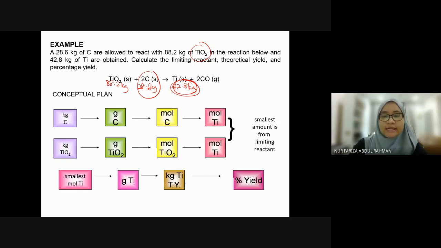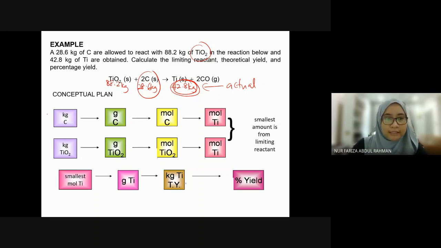It means through the experiment conducted, we managed to get 42.8 kilogram of titanium. Actual yield you have to know. Usually the one given is the actual yield, unless you are asked to find the actual yield given other information. Okay, all right.